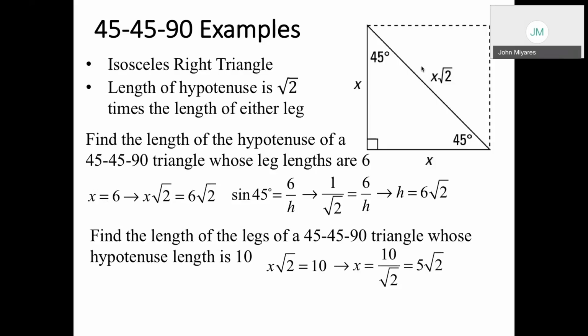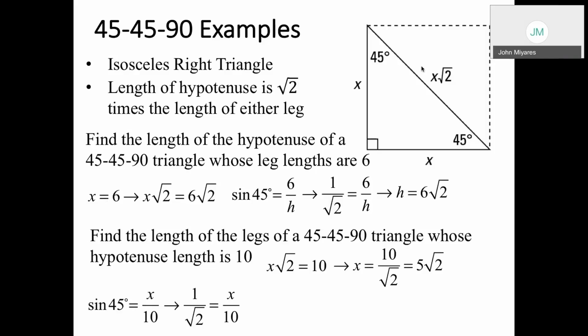We could also use SOHCAHTOA to solve this out as well. We could say that the sine of 45 degrees is going to be the opposite side, x, over the hypotenuse 10. We figured out earlier that the sine of 45 degrees had to be 1 over the square root of 2.